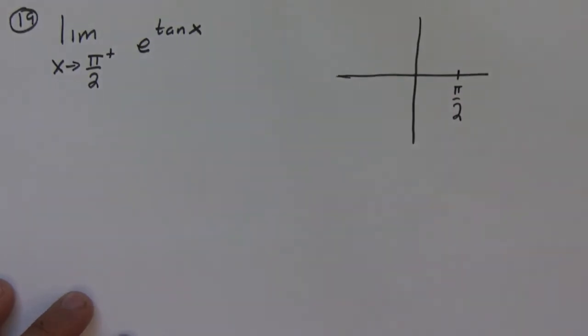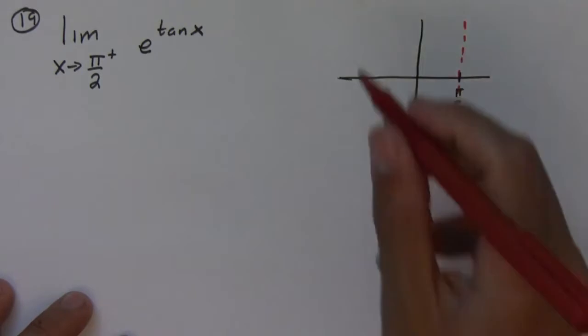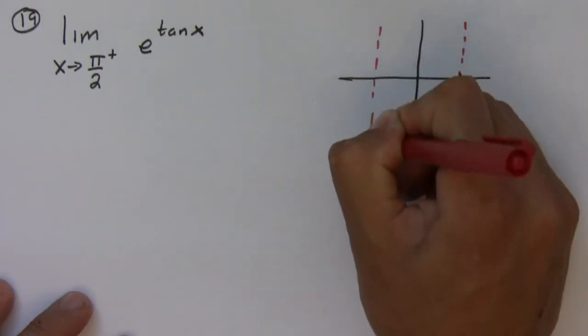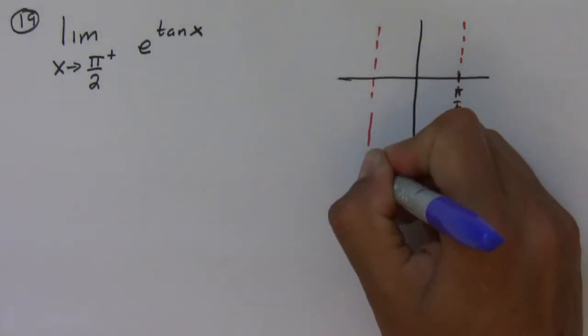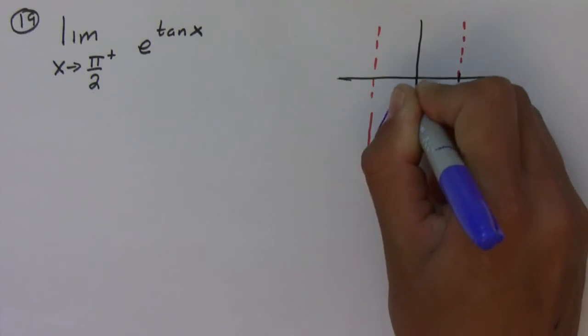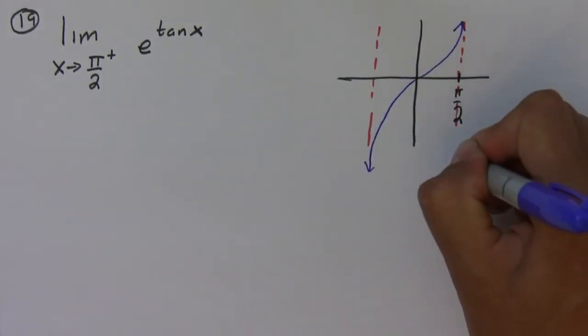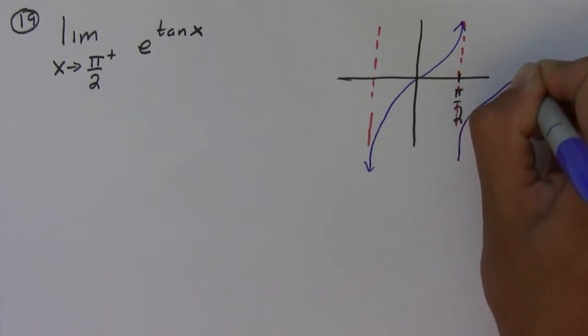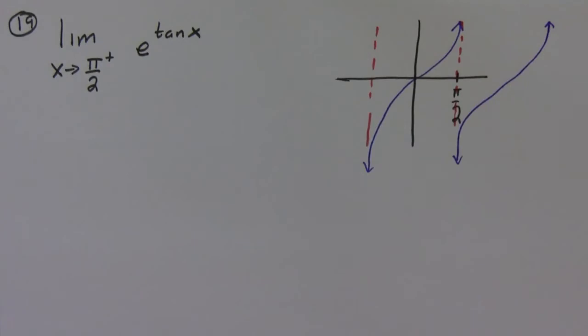If I draw a quick sketch of tangent, let's say this is pi over 2, negative pi over 2. So tangent looks something like this, and then it repeats itself to the next vertical asymptote and such.